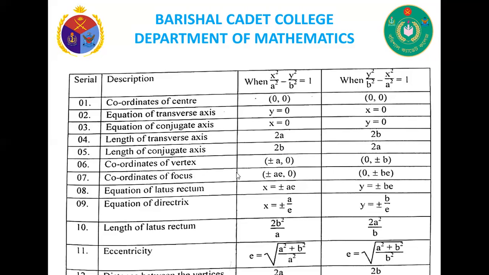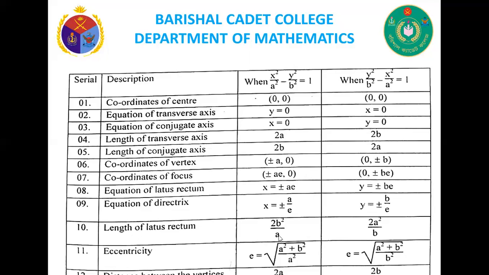Coordinates of the vertex: this is 0, plus minus b. Coordinates of the focus: 0, plus minus be. Equation of the latus rectum: this is y equal to plus minus be. Equation of the directrix: this is y equal to plus minus b by e.